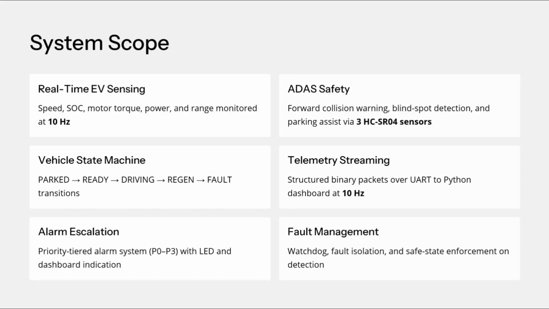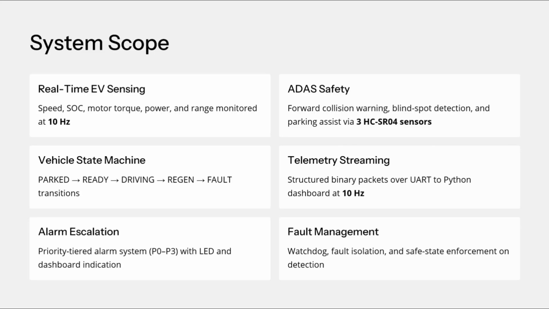Here we have the EV ADAS system, and in system scope, the project focuses on developing a smart electric vehicle monitoring system integrated with advanced driver assistance system features. The main goal is to improve both vehicle monitoring and driving safety. Our system continuously monitors important vehicle parameters such as speed, battery life, motor temperature, torque, and driving range.